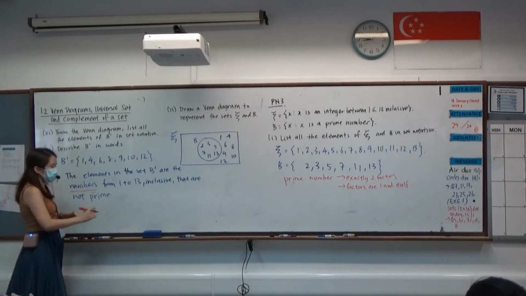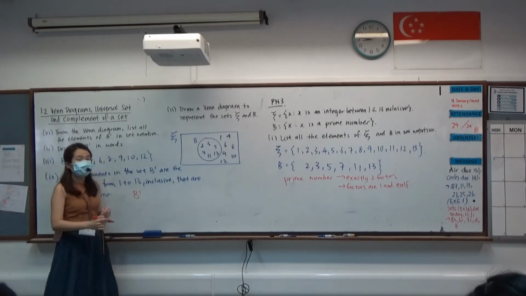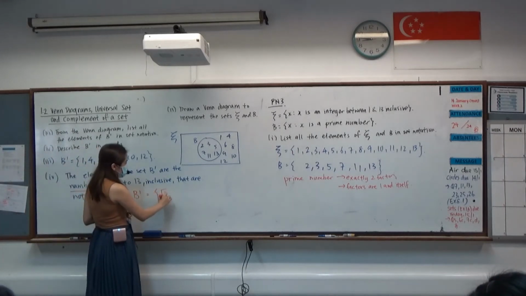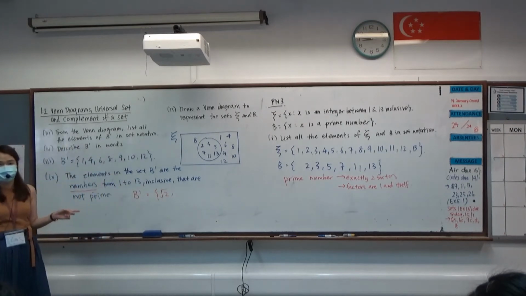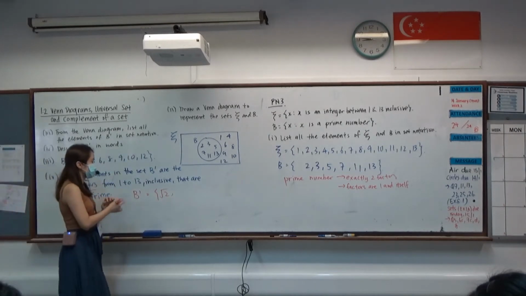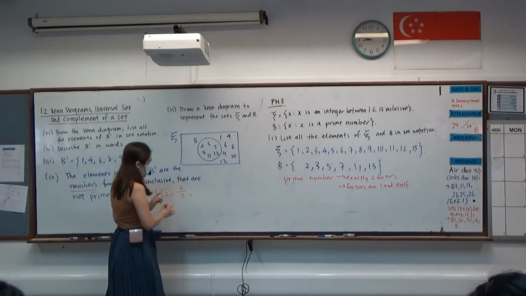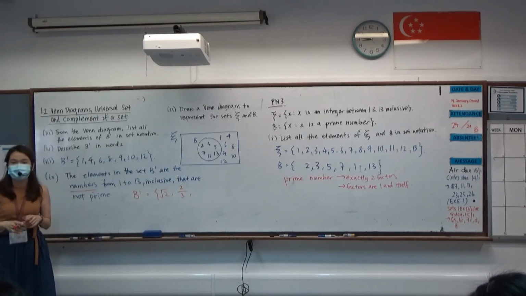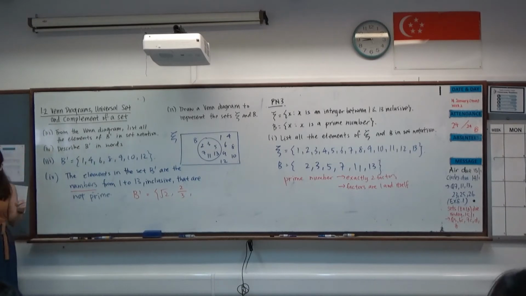that means that in my B prime, I can have elements such as square root 2 because it is a number. I can also have numbers such as maybe 2/3. It is not prime and it is a number also. So there is an issue when you use the word numbers. So then what should we use?